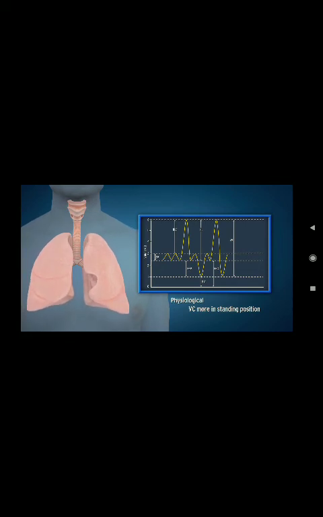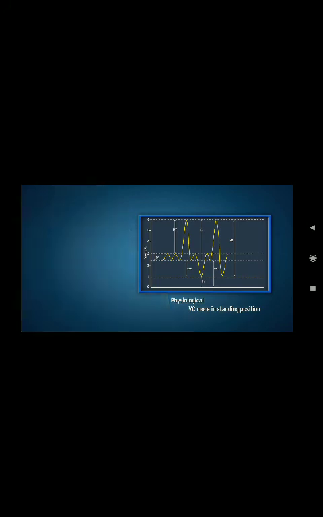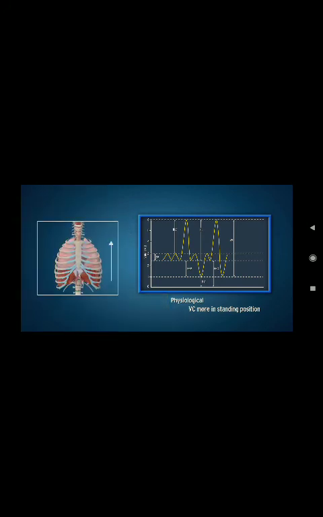It is because during sitting or lying position, the diaphragm is pushed upwards and decreases the capacity of thoracic cavity, whereas in standing position, the diaphragm is moved downwards, increasing the size of the thoracic cavity.